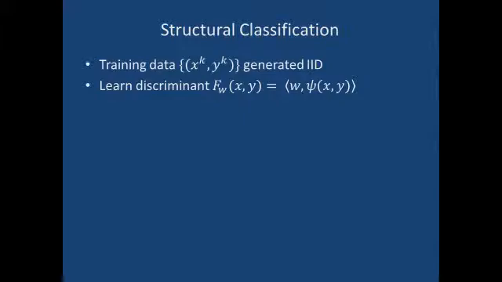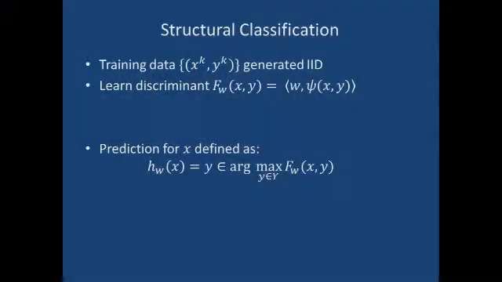So one way to solve these structured classification problems is the following. We assume that we have some training data, x superscript k and y superscript k. So we have some inputs that we're trying to learn from, and we're going to learn a discriminant function. For every given input and every possible output, we'll learn something that assigns a score to that pair.